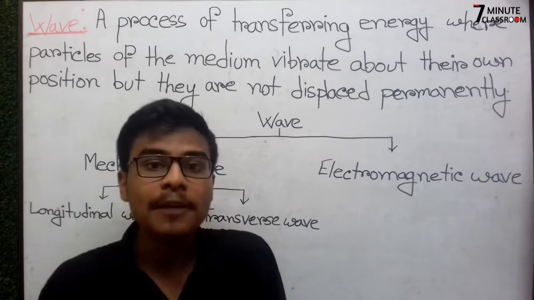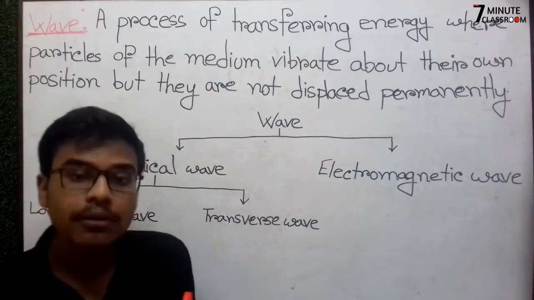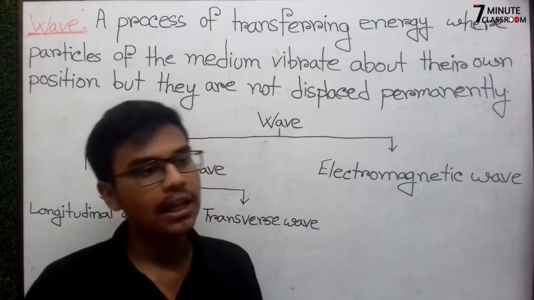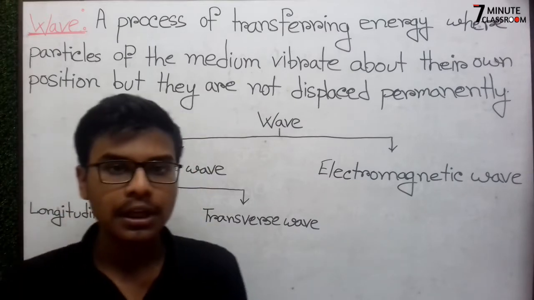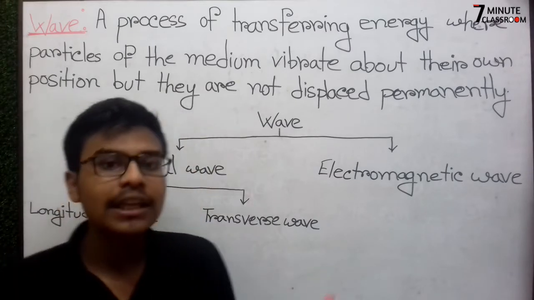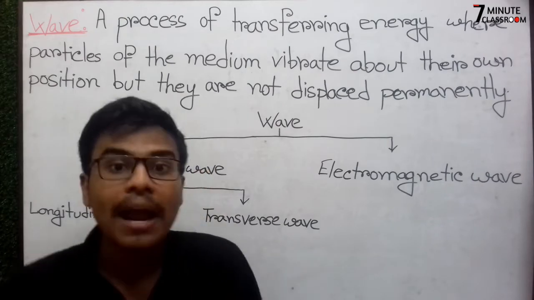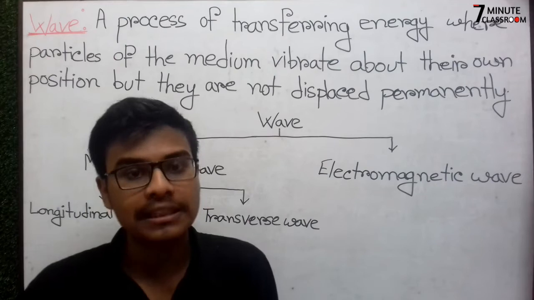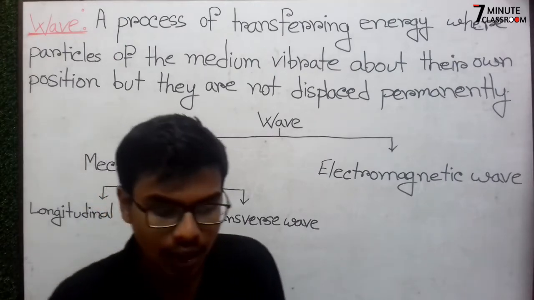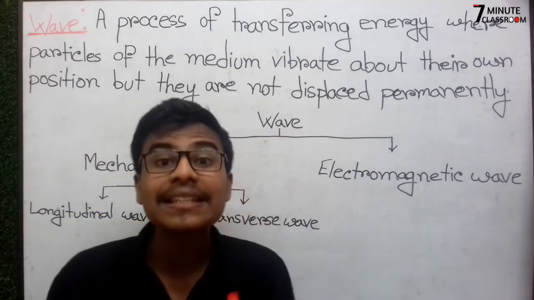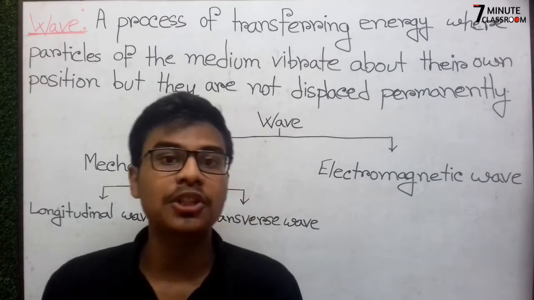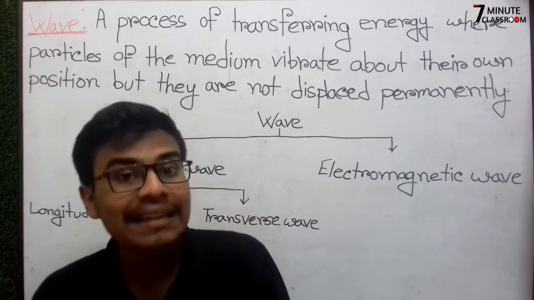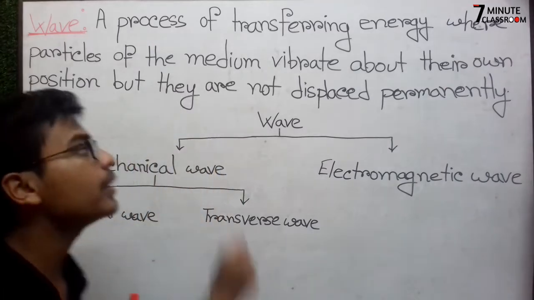When you put a coin into the pond or the river, you can see something like it floats. That means it vibrates about its own position but it is not displaced. The particles are not displaced from their position, they are actually transferring their energy. So that is a wave in the language of physics.